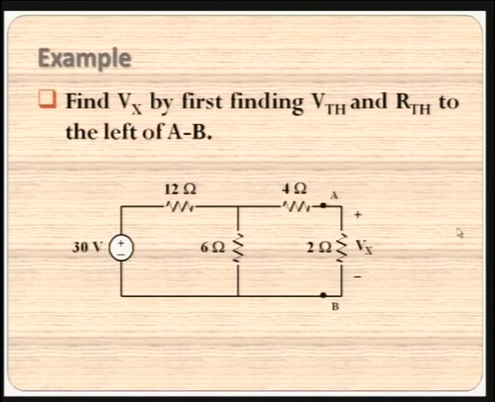When we have a look at the circuit, we infer that it has a voltage source of 30 volt and 3 resistors to the left of the point AB, 12 ohm, 4 ohm and 6 ohm resistors connected in this T form, and the 2 ohm is the output resistor, and the question is what is the voltage that is dropped across the 2 ohm resistor. We are going to use the Thevenin method for finding Vx.